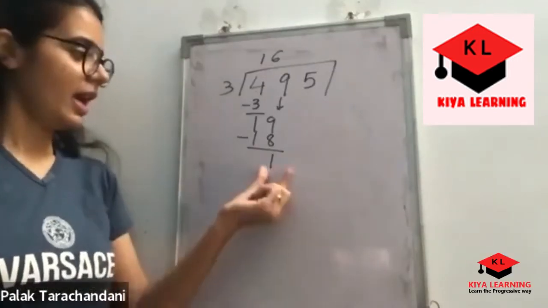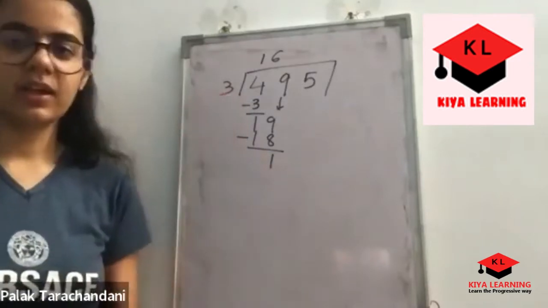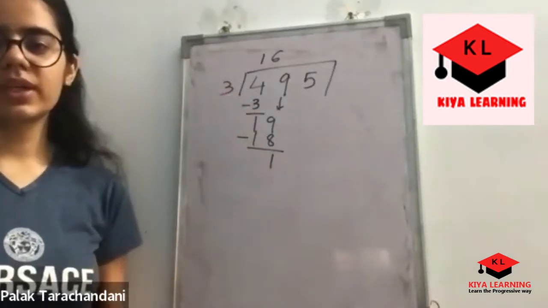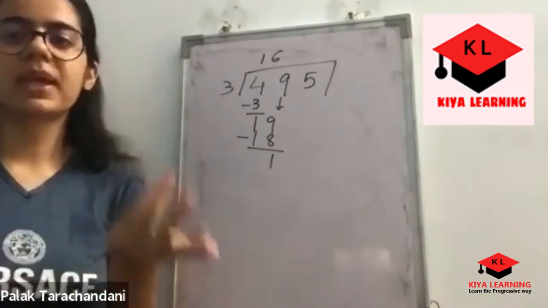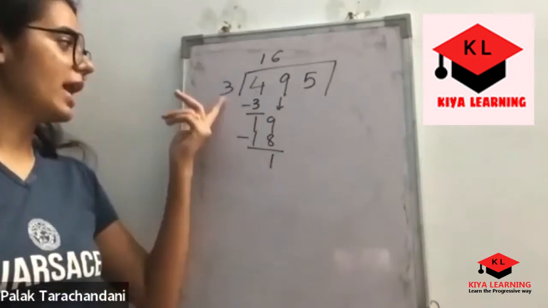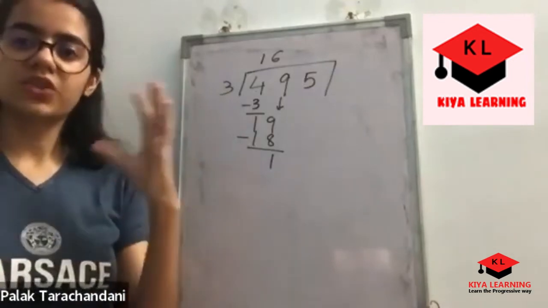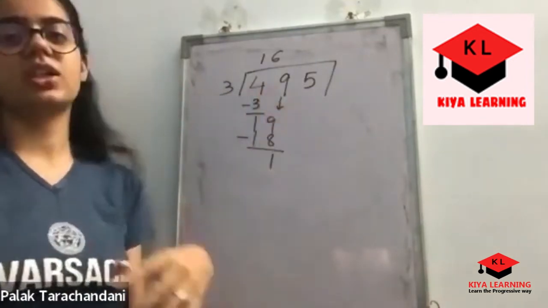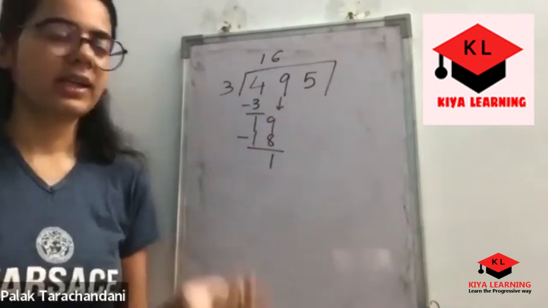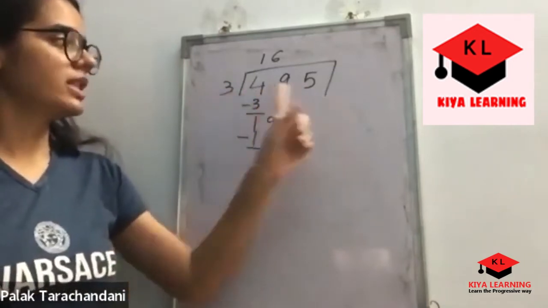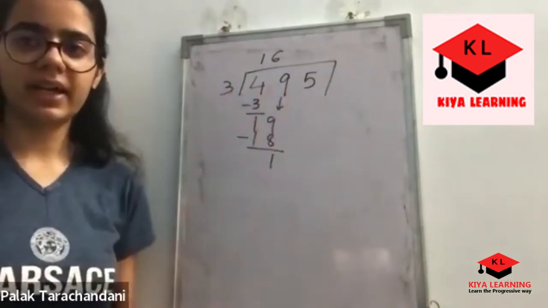As 1 cannot be divided by 3, in the previous case, what we did was we tried to make 1 into a bigger number, a number which can be divided by 3. So we searched for a number in the question which is still left to be divided. Is there any number in the question which you can see is not divided yet?